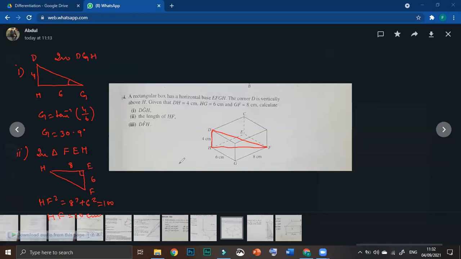Please name the triangle. Which triangle we will use to find out this angle?